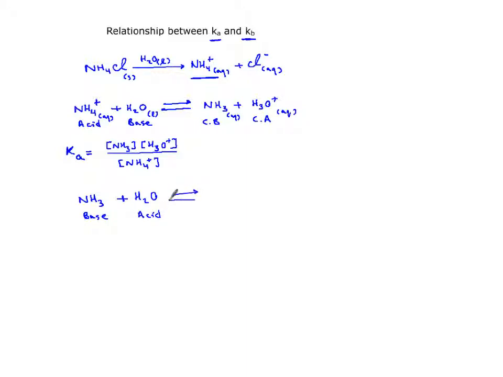The double arrow for equilibrium gives you ammonium, a conjugate acid, and from H2O you have hydroxide left over, a conjugate base. Since in this direction ammonia is a base, I can write Kb for a base, which is products ammonium times hydroxide divided by ammonia only. Again we exclude H2O because it's a pure liquid.